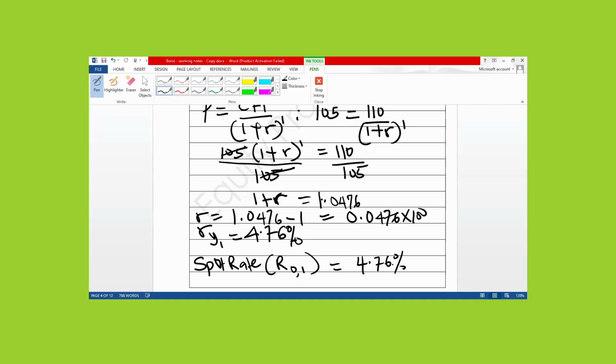It doesn't matter if you don't know the terms, but you must know how to calculate it. You know the price today, and you know the value in 1 year. What is that interest rate that will make the price of a bond grow and become its value in 1 year?